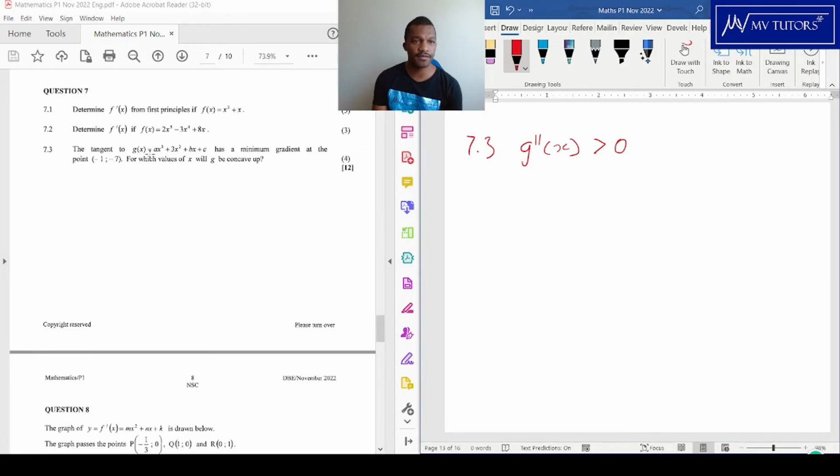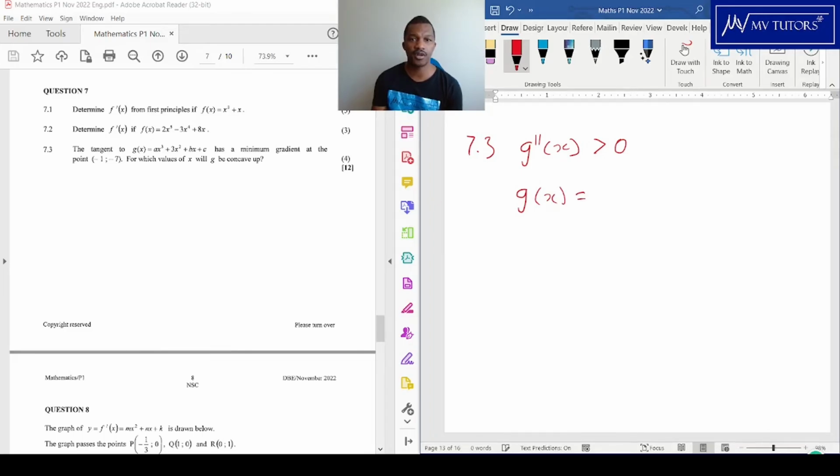The graph g of x is concave up where the second derivative is greater than 0. So that's the end goal, which means we need to find the derivative of this until we reach the second derivative.